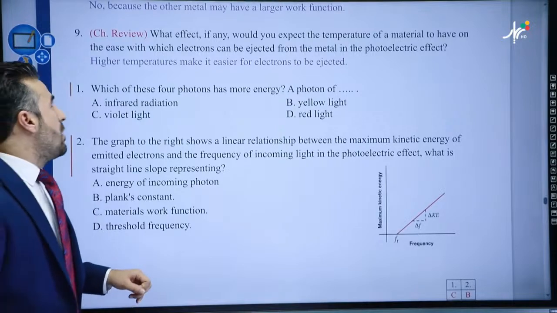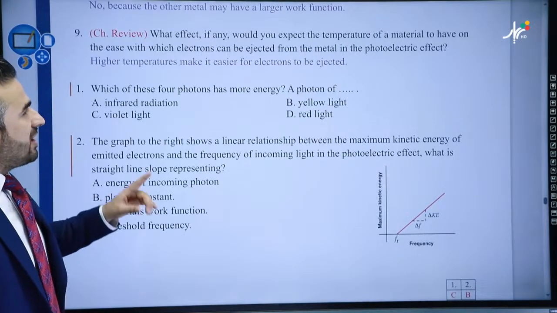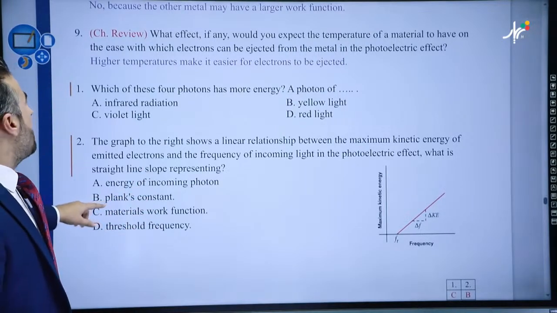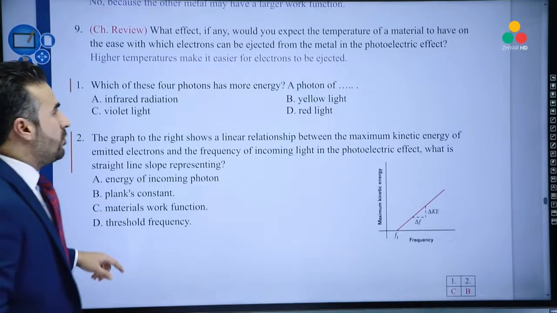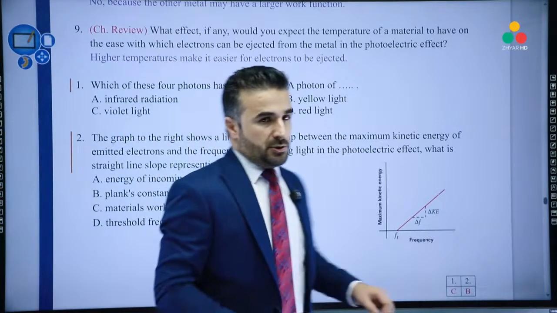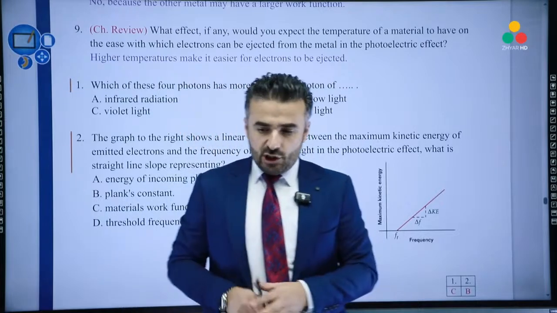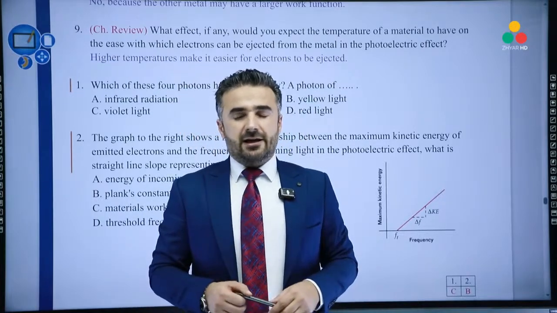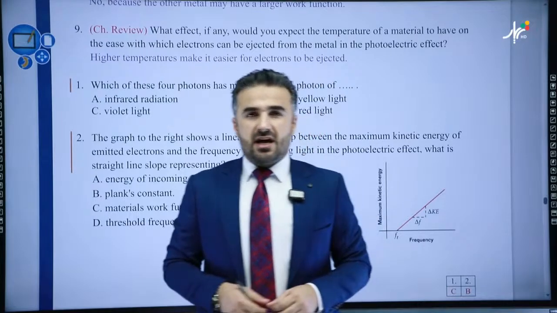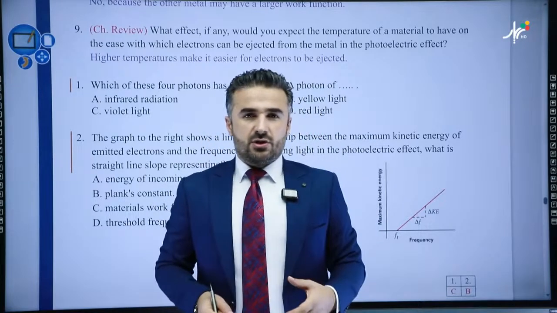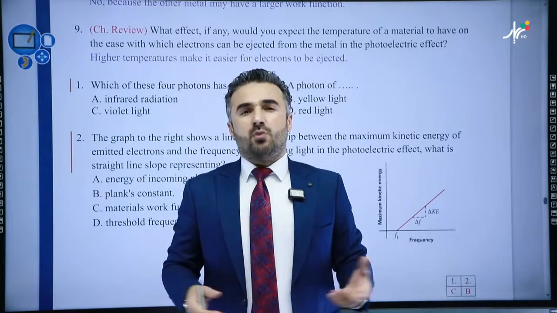Another question says, what effect, if any, would you expect the temperature of a material to have on the ease with which electrons can be ejected from a metal in the photoelectric effect? Normally, once you increase the temperature, the particles of the metal will have more energy.